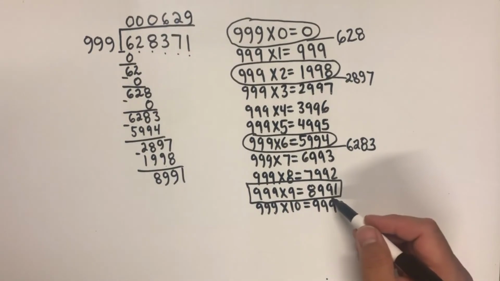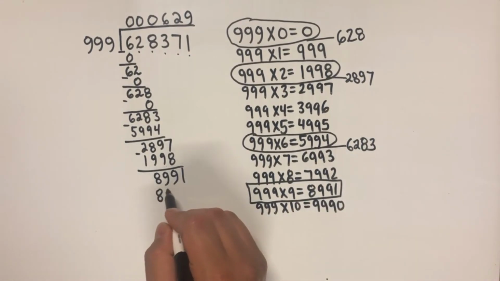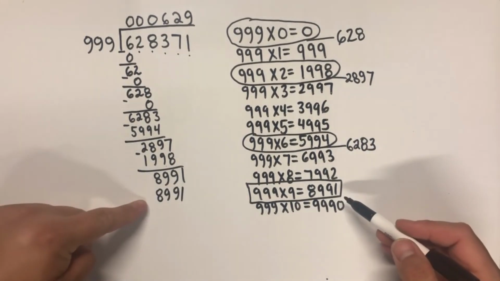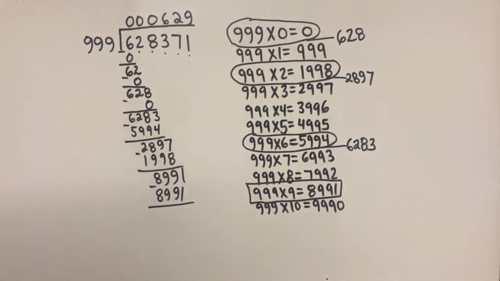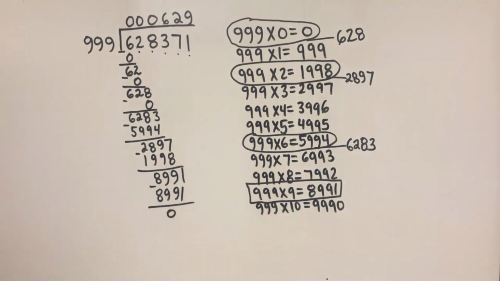And this number 8,991 goes underneath this number 8,991, right? And I perform a subtraction of those two numbers, and I get 0 because they are alike. Okay, so I finished with this problem.